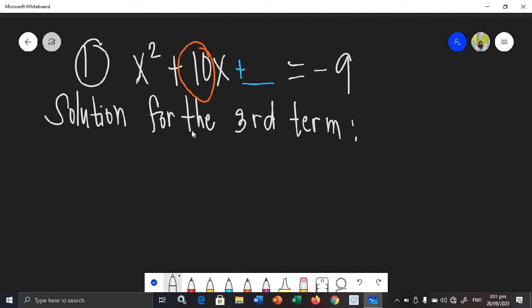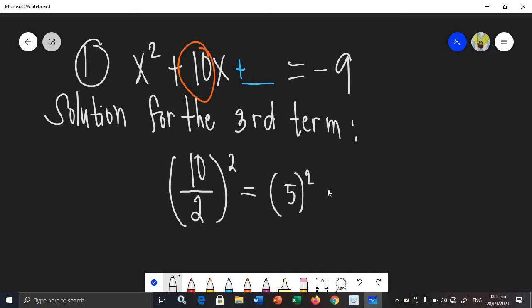So, positive 10, okay? So, 10, we will divide 10 by 2. And then right after natin i-divide sa 2, i-square natin yung quotient. Okay? So, 10 divided by 2, that is 5 squared, that is 25. So, that will be the third term of this trinomial.